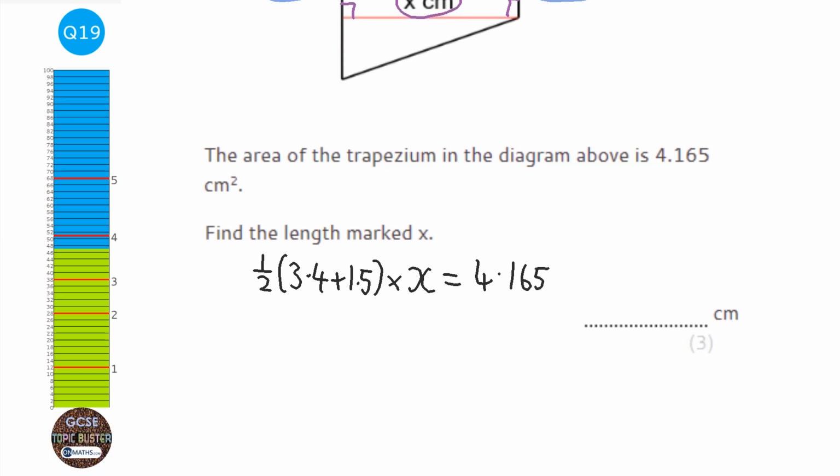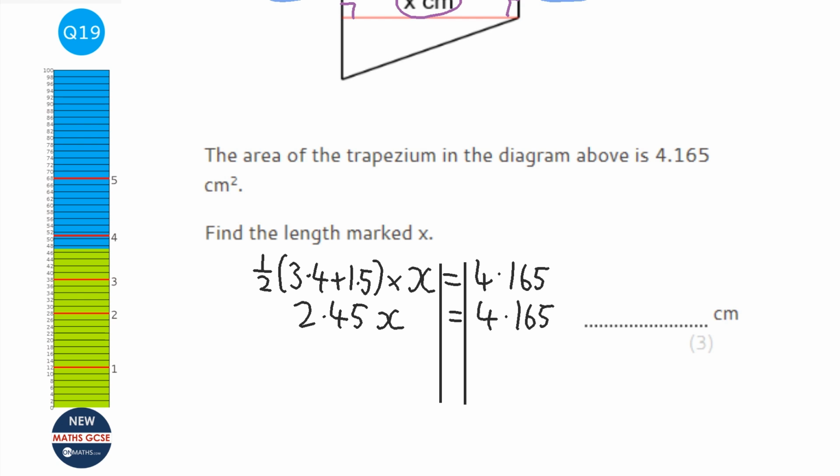So I'm just going to tidy up the left hand side a little bit. I'm going to do 0.5 times brackets 3.4 plus 1.5, and that is 2.45 times x, or just 2.45x, equals 4.165, and we just solve the equation.